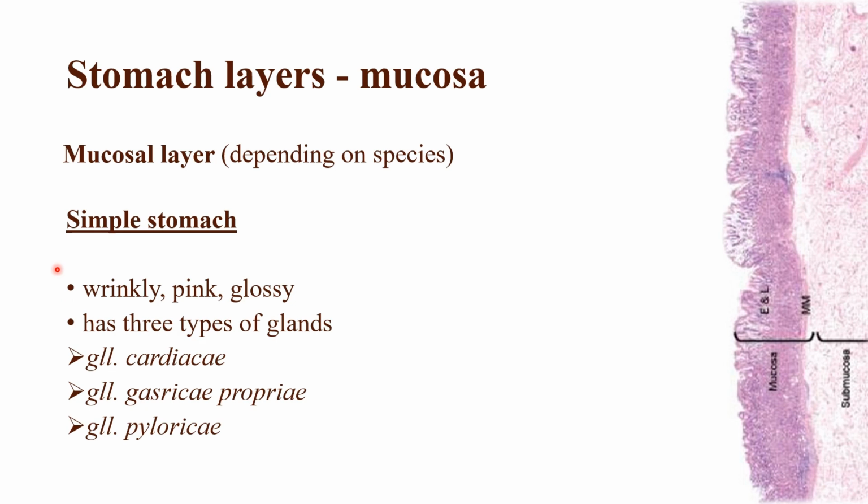So carnivores have this type of stomach mucosa. It is wrinkly, pink in color and glossy, and in that same epithelium, it has three types of glands. So it has cardiac glands, it has proper gastric glands, and then pyloric glands.